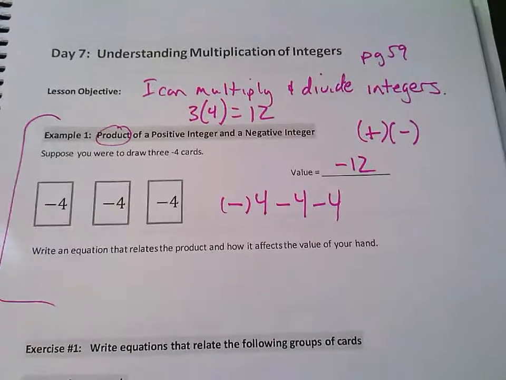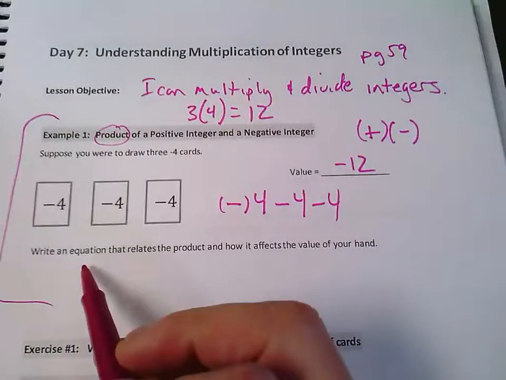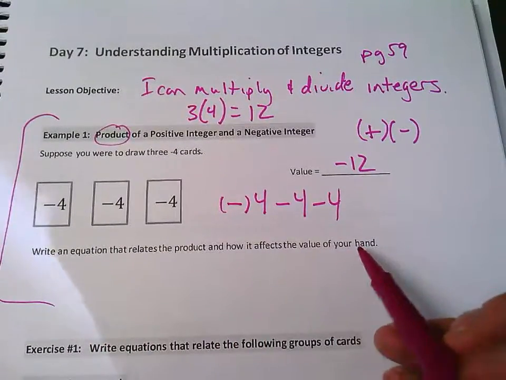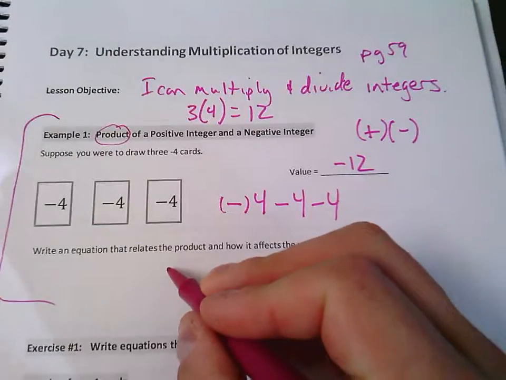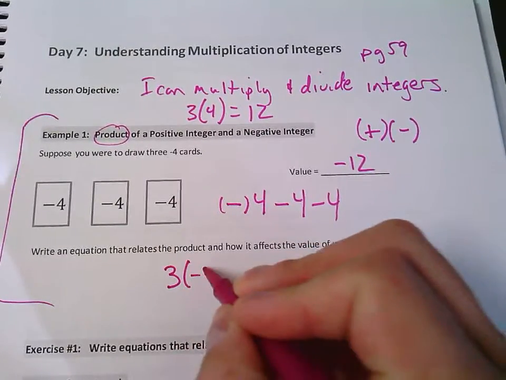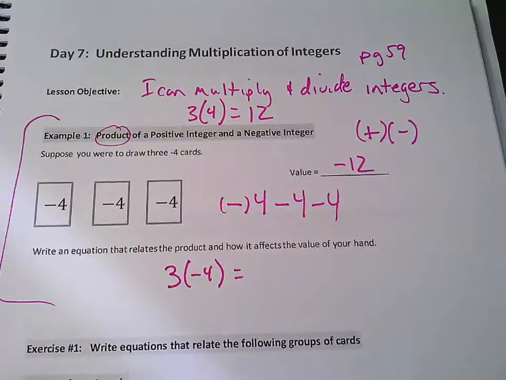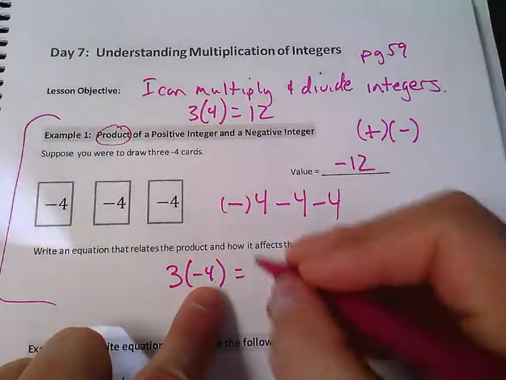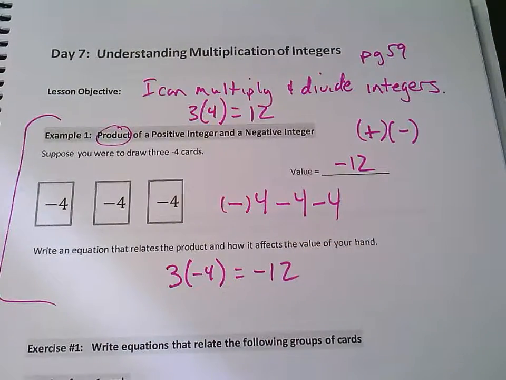All right. So now there's a relationship between multiplication and combining. So we're going to write an equation that relates how it affects the value of your hand. Drawing 3 cards would be, we have 3 -4 cards. So if we have 3 -4 cards, the value of the hand is -12. Okay.